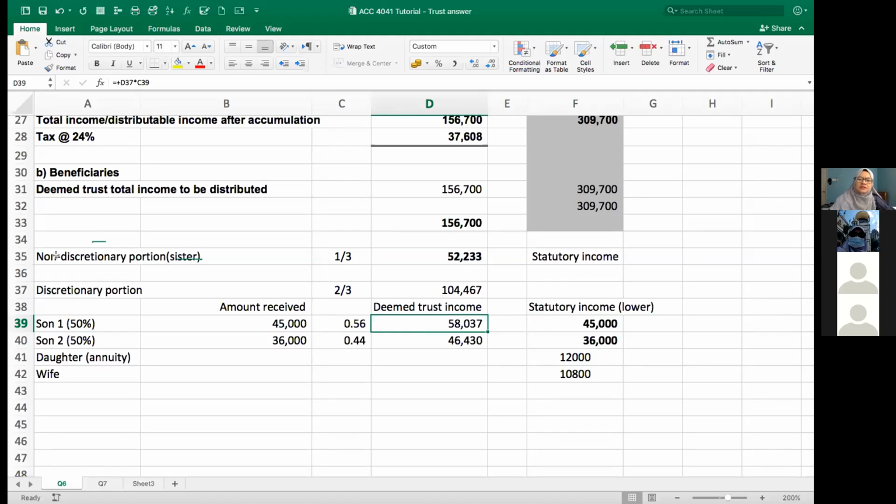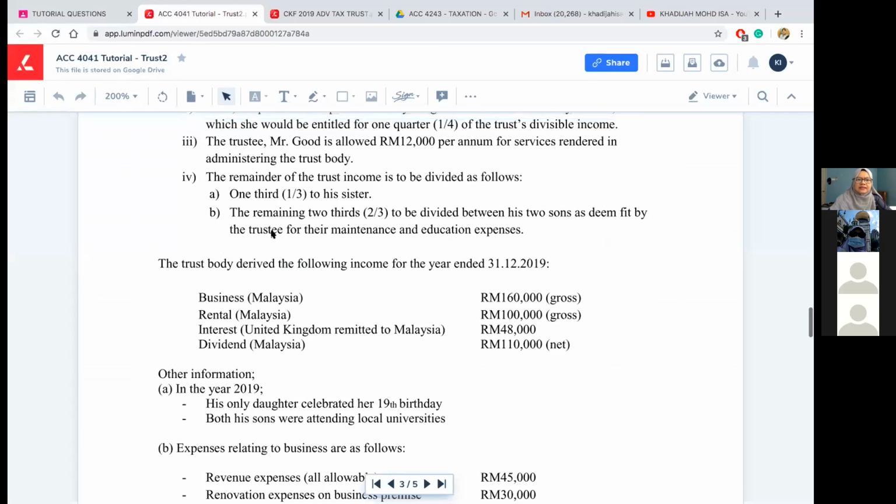How much is your trust total income? I thought that because it's 50-50 kan? Eldest son, you receive 45 and 36,000. The remaining 2/3, okay, let me see. Okay, it says that the remainder of the trust income, the remaining 2/3 to be divided between two sons as deemed fee. Dia bukan 50-50 ya. As deemed fee by the trustee for their maintenance and education expenses.